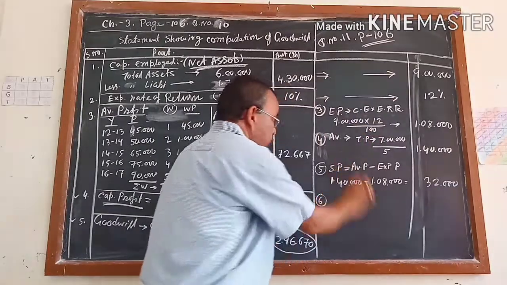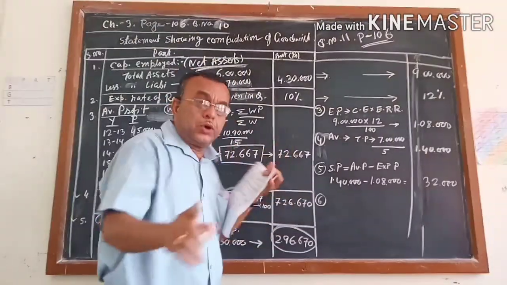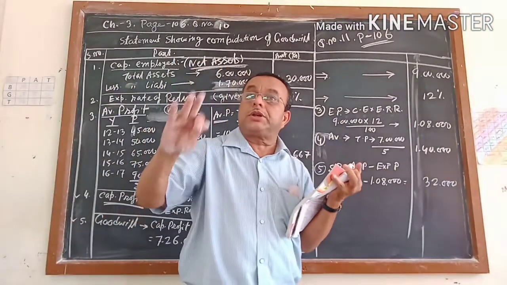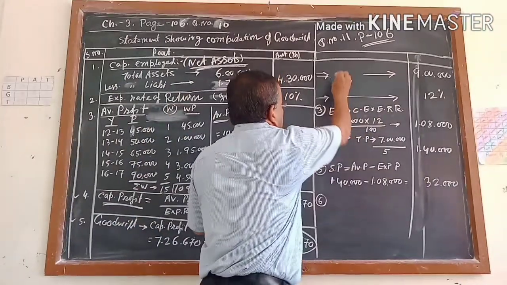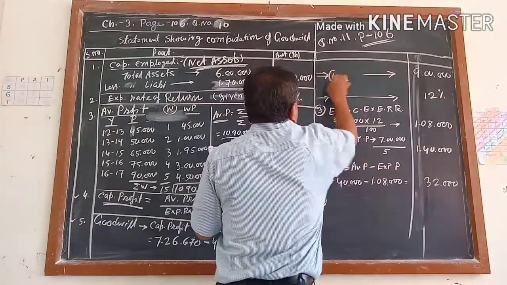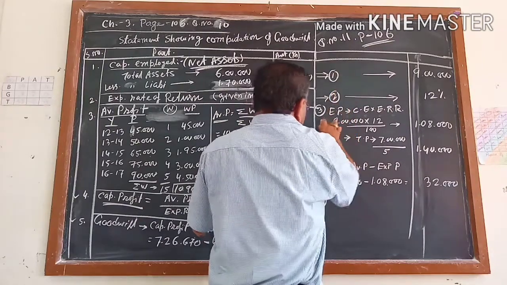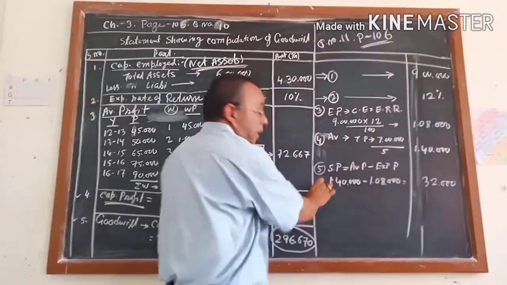This is called super profit. I told you all these 5 steps of the third method are common: step 1, step 2, step 3, step 4, step 5.